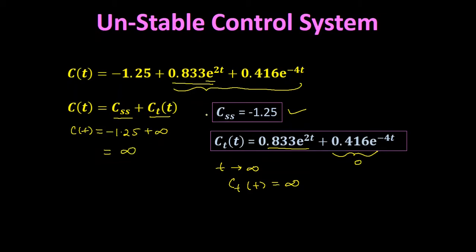That means if in the output response there exists a term with exponent of positive index like this, then the output response becomes infinity as t tends to infinity. So from this example, we can see that as the output becomes infinity as t tends to infinity, this type of system is called an unstable control system.